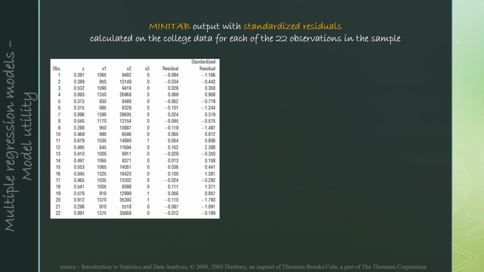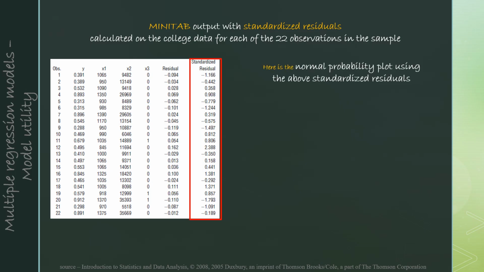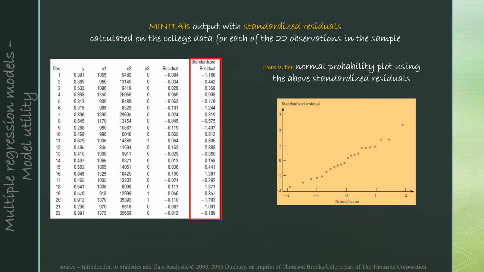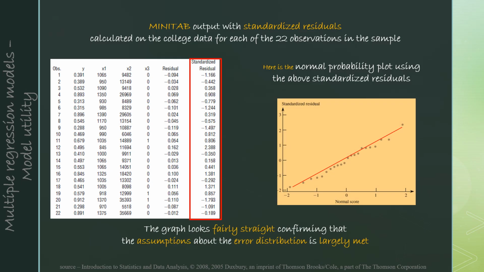Here is the Minitab output with standardized residuals, calculated on the college data for each of the 22 observations in the sample. Here is the normal probability plot using the above standardized residuals. The graph looks fairly straight, confirming that the assumptions about the error distribution are largely met.